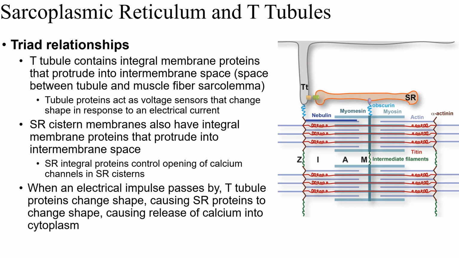When the electrical stimulus comes down here and enters, it's going to cause a change in the shape of these integral proteins, which is then going to allow for calcium to be released. Calcium is going to leave and start interacting with the myofilaments. Specifically, it's going to interact with troponin, which is going to be on the actin.